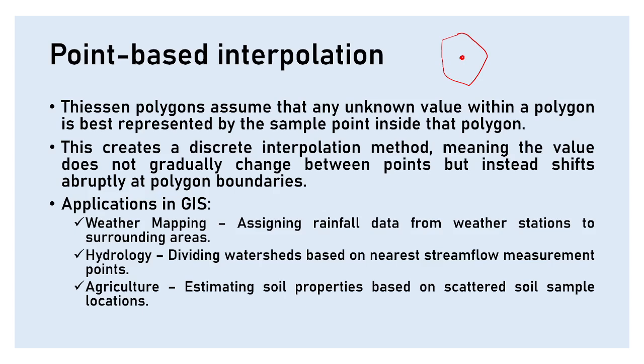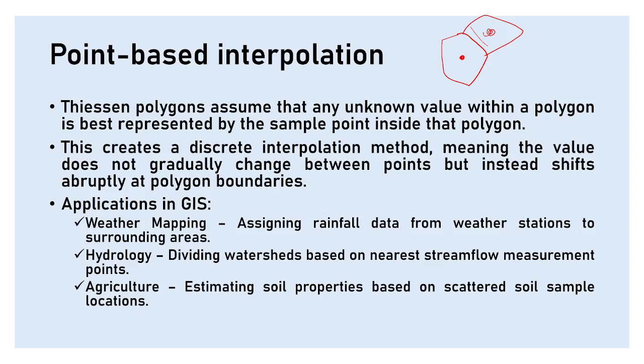We don't have multiple information here. At polygon boundaries, it might be an entirely different value; it will not be a continuous change. This is point-based interpolation, and the main practical example I know of is the groundwater one.